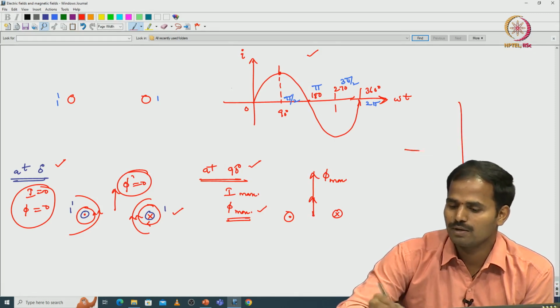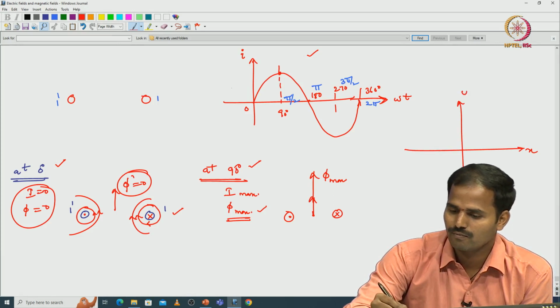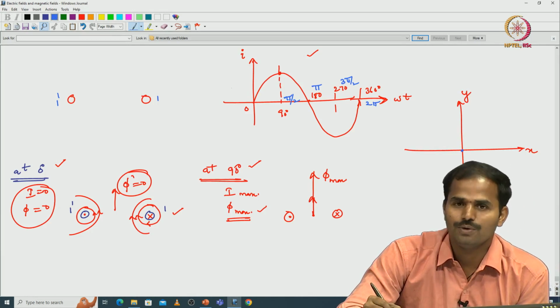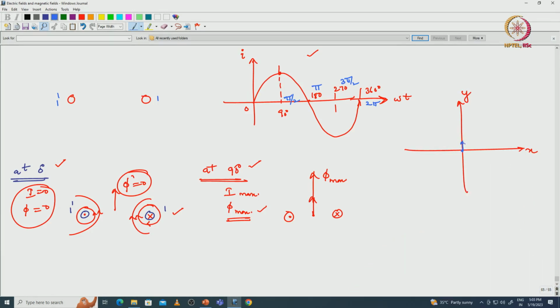If I draw the xy plot, initially 0, then it will increase, further it will increase like this manner, and it will reach the peak value at 90 degrees. Okay. This is the flux vector, 0 to 90 degrees it is varying here.